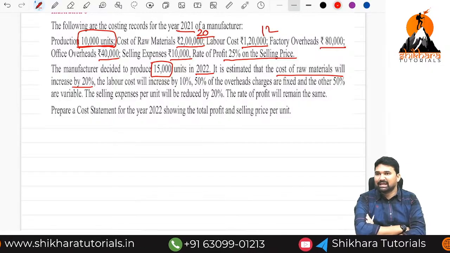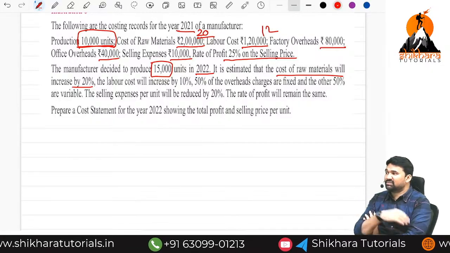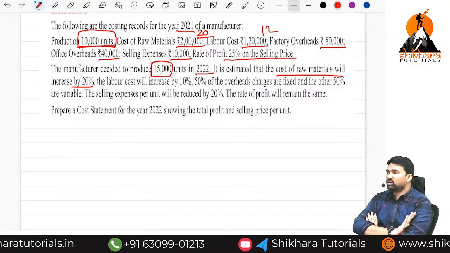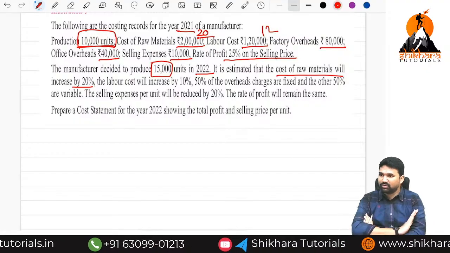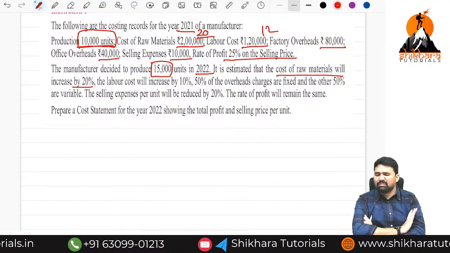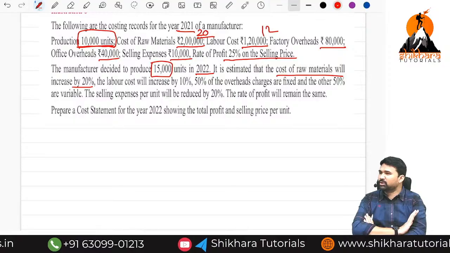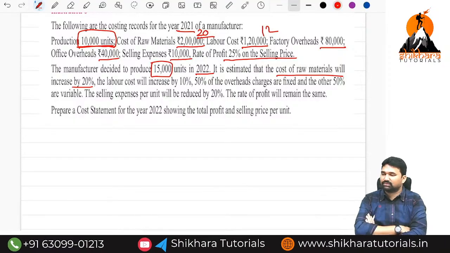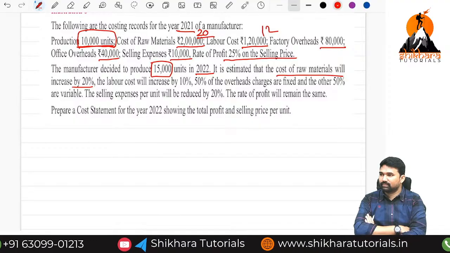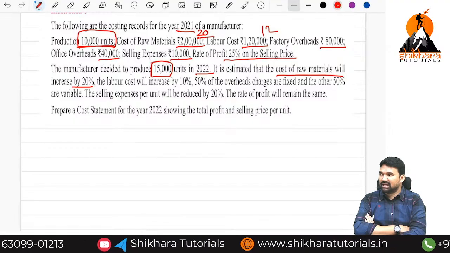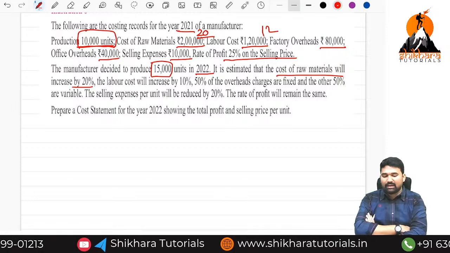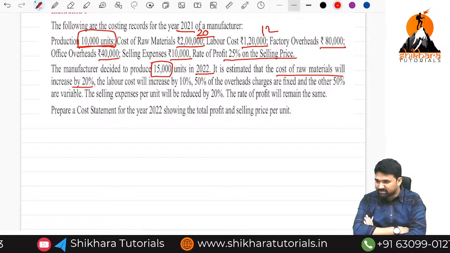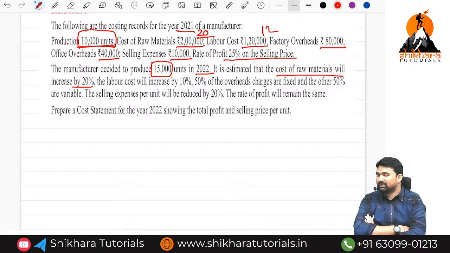So the increase in the cost of raw material is 4 rupee and the new cost of raw material is 24 per unit. We will simply multiply by how many units we are going to produce? 15,000. 24 into 15,000. How much? 3,60,000.